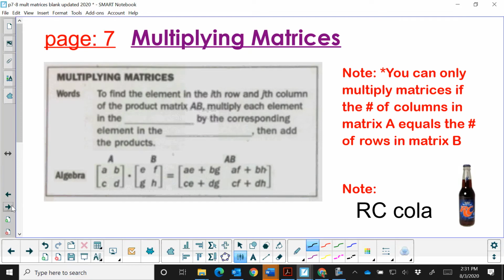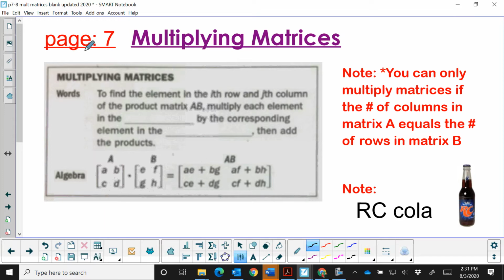Now, what we're going to learn today is how do you multiply 2 matrices together. So in your interactive notebook on page 7, you are going to put the title Multiplying Matrices.